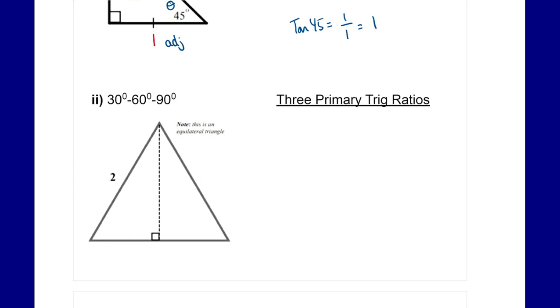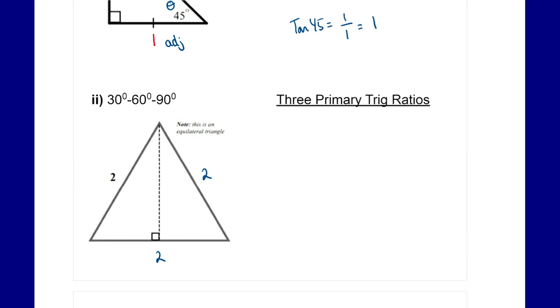With our equilateral triangle, the 30, 60, 90, it is going to be an equilateral triangle split into two. So let's say we have a side length of 2 for the hypotenuse, 2, 2, and 2. Again, dealing with a simple version.